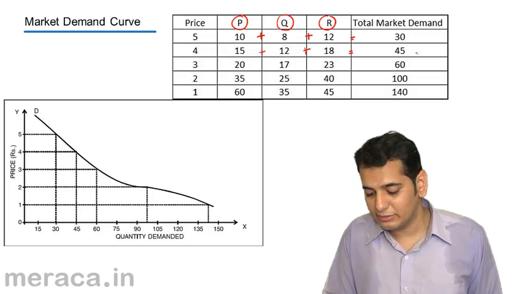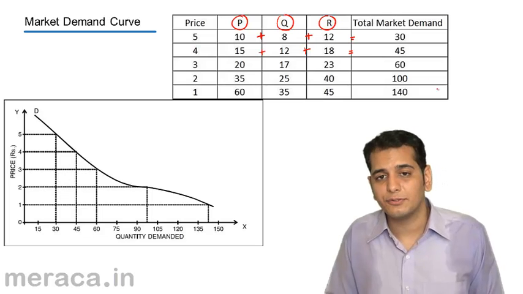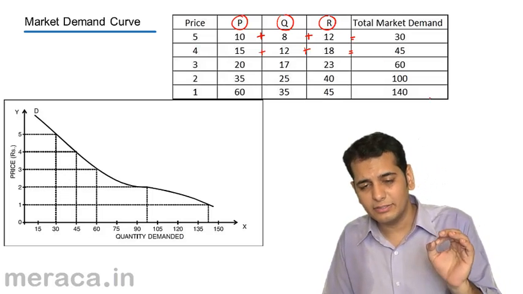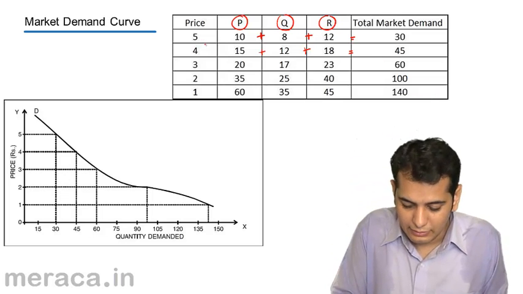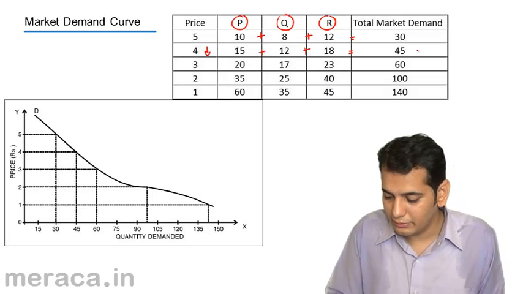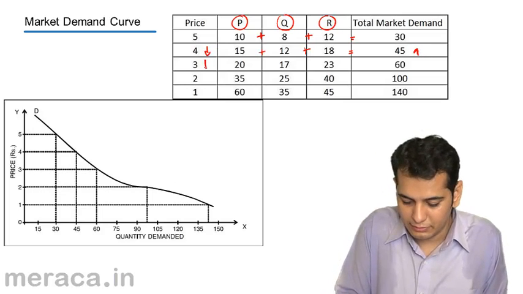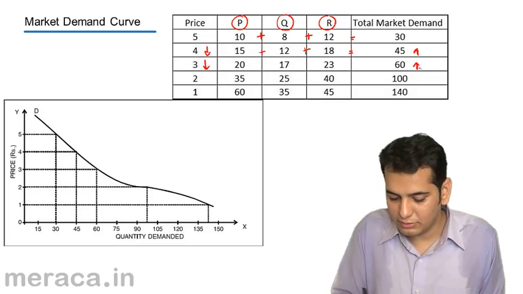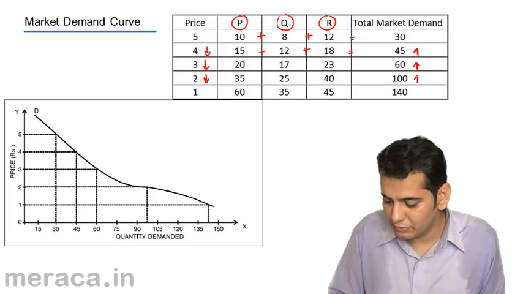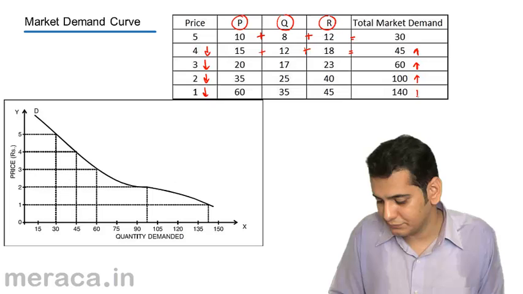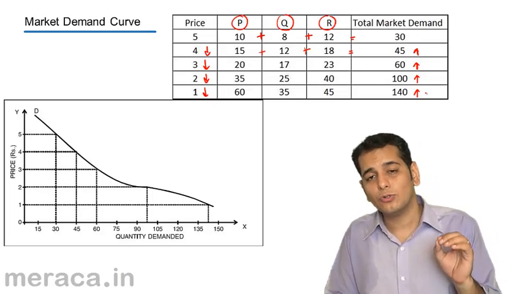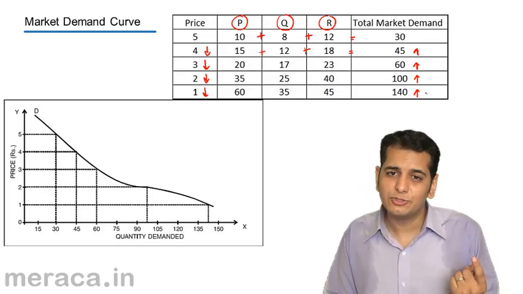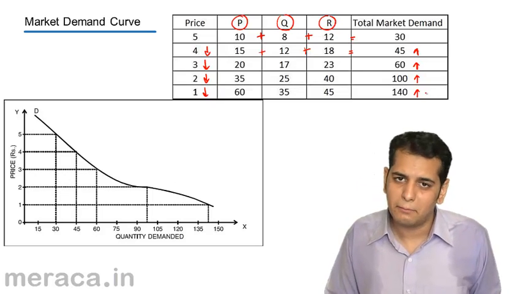This is the case in all scenarios here. Again, you can see that when the price is falling, demand is rising. This holds good for both individuals as well as for the market.